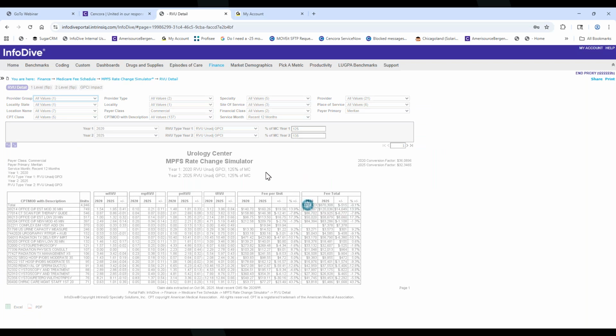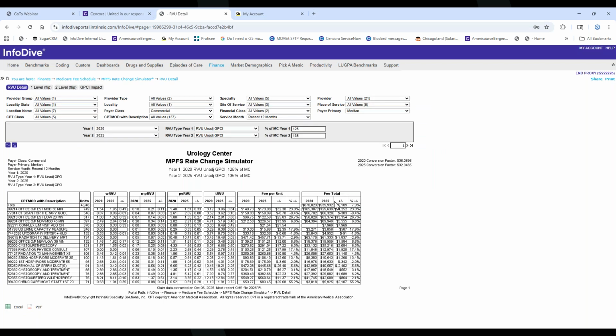Let's see what that brings up. That gives me an additional $69,000, and that helps cover all of those expenses, right? So maybe you say, if we're going to stay on the current Medicare fee schedule, then I want to get at least 135% of Medicare. So hopefully that makes sense.